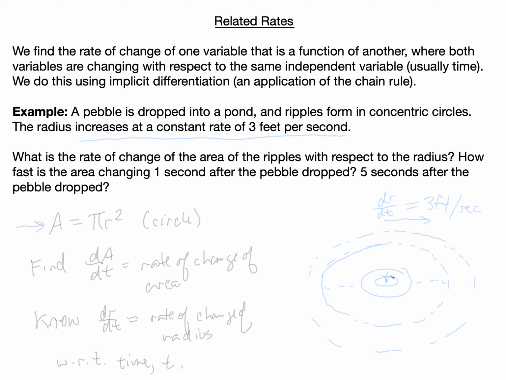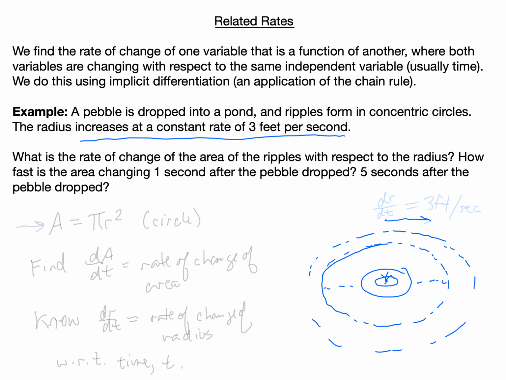So let's draw a picture to think about what's going on here. The pebble has dropped in the water and plunked, and you know what this looks like. As time increases, the ripples in the water continue to increase outward. One piece of information that we know is that the radius increases at a constant rate of 3 feet per second.